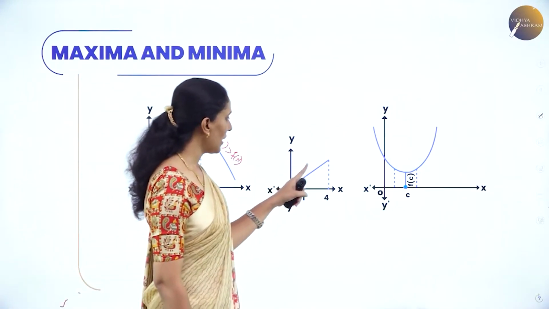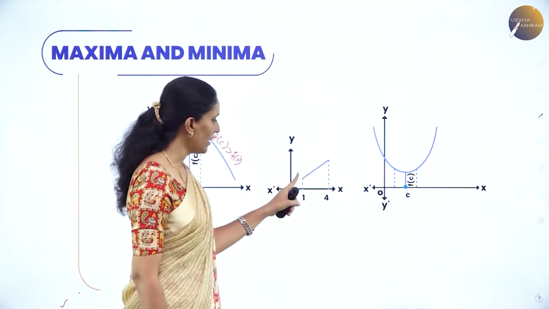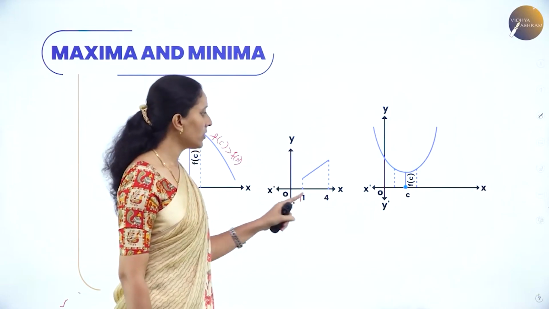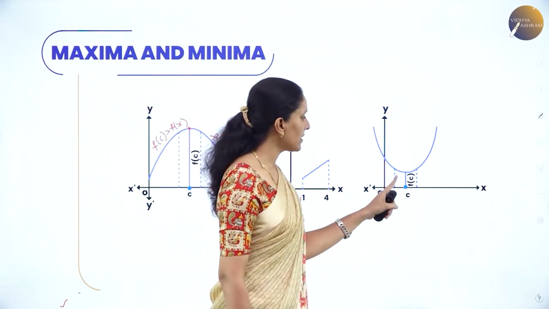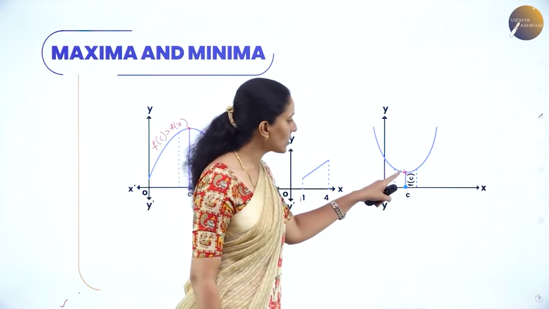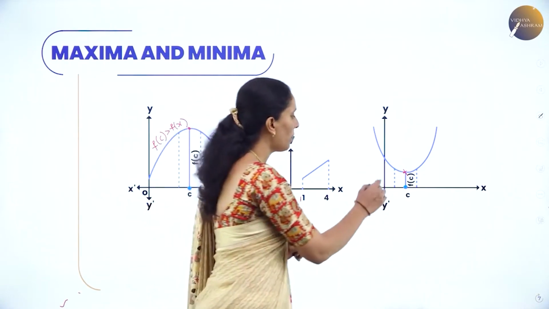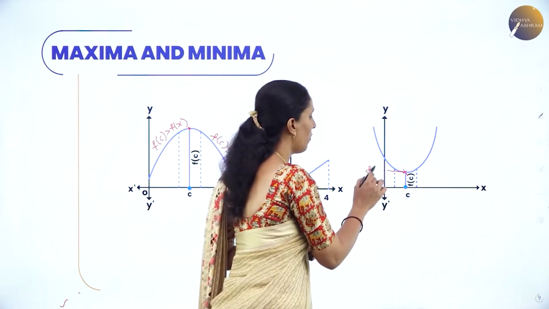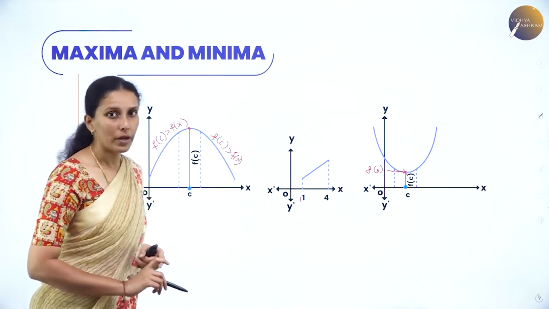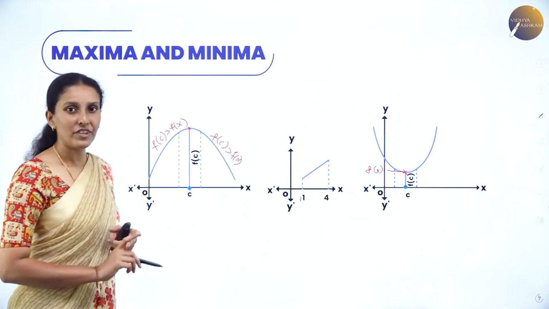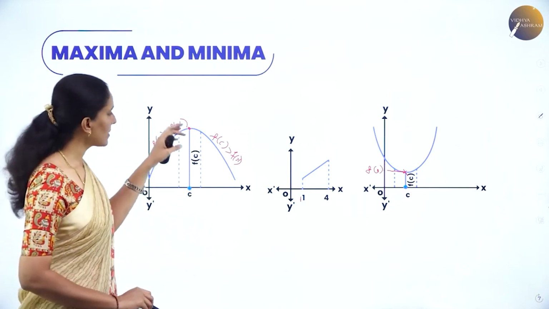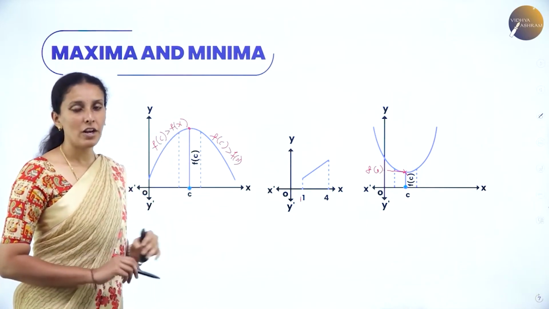And here also you can clearly see the function is a straight line, so this is the minimum value and this is the maximum value according to the graph here. And here also you can see the functional value at c is minimum, and this is called the minimum value. So f of c is the minimum value and c is called the point of minimum value. Thus by the definition stated above, we can look at the graph and analyze the maximum value and minimum value of a given function.